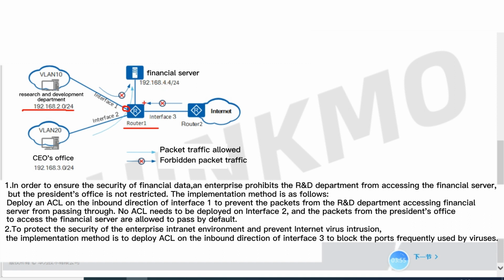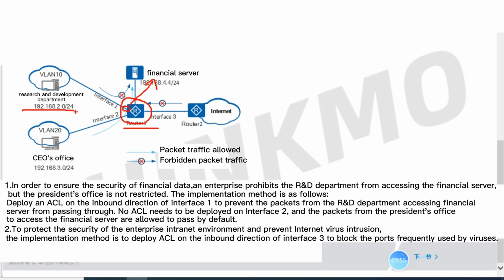Data traffic in the CEO's office goes through the middle router to access the finance department's server. The R&D department is not allowed, because I made rules for it. All the computers in the entire R&D department, all devices in the 2.0 network segment, are not accessible.